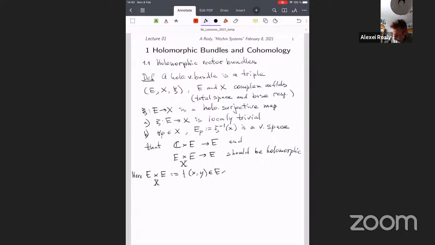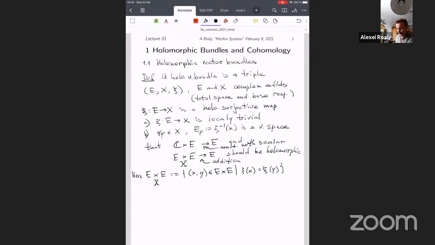It's the subset in the direct product of the elements which satisfy that psi of X equals psi of Y, which means that X and Y belong to the same fiber. And this is the operation of addition. And this is the operation of multiplication with the scalar, with the constant.